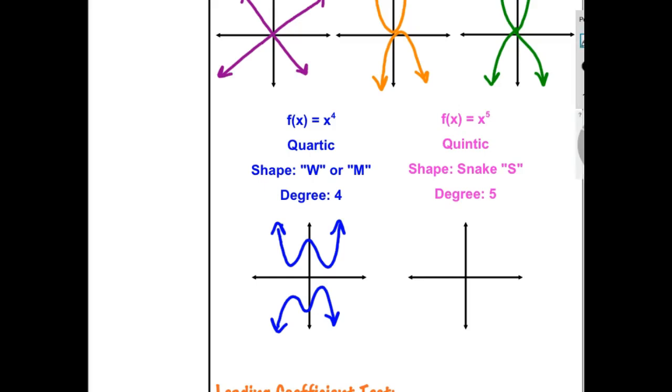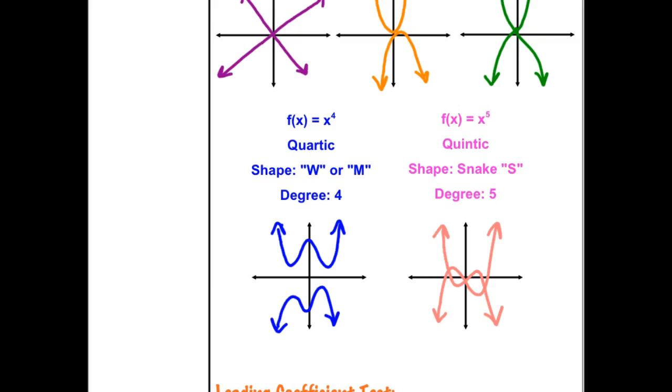When we get into quintic, quintic is degree 5, and when we talk degree 5, we're talking still again a snake shape, and that snake shape is just going to have a deeper curve to it. So it'll either look like this, or it'll look like this, and I know those overlap each other, but just so you have an idea of what they look like.